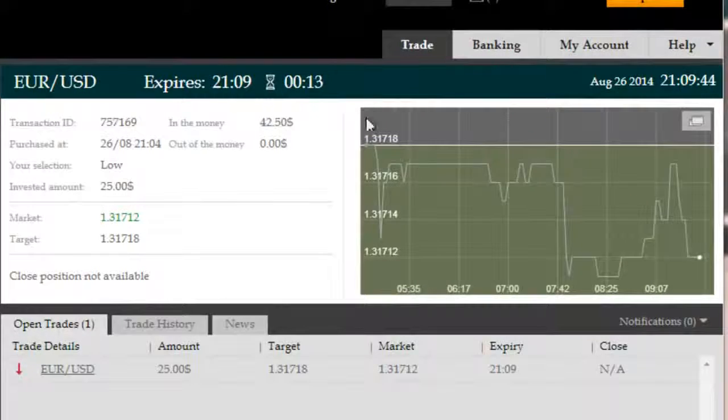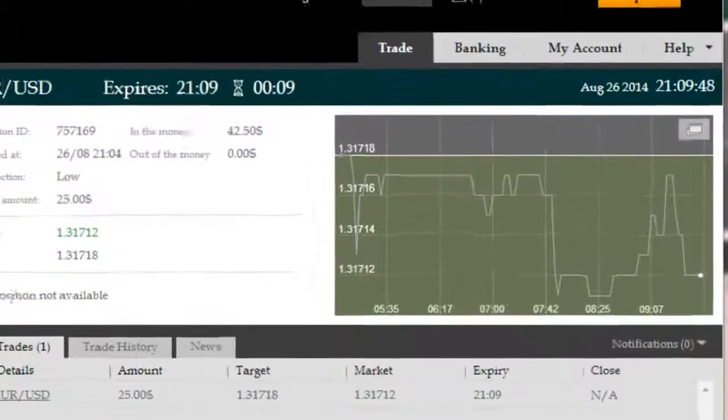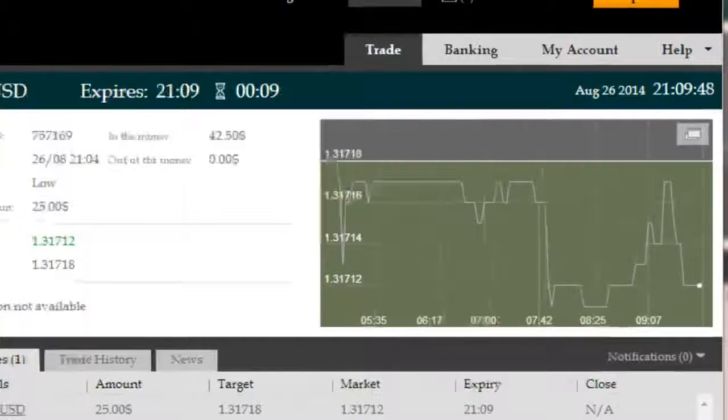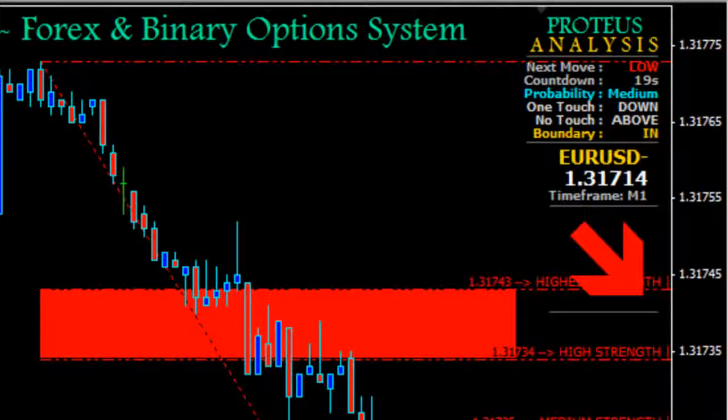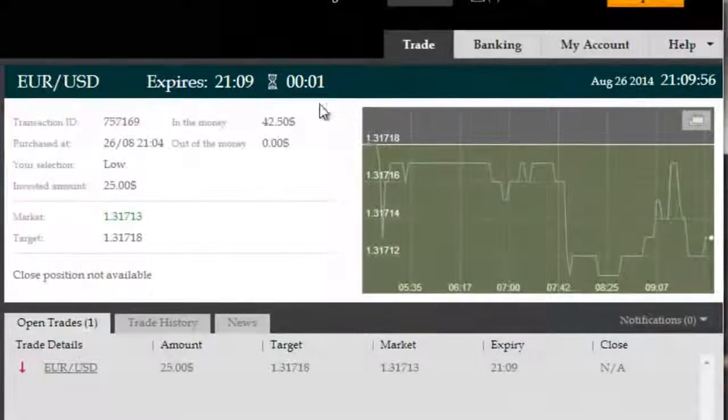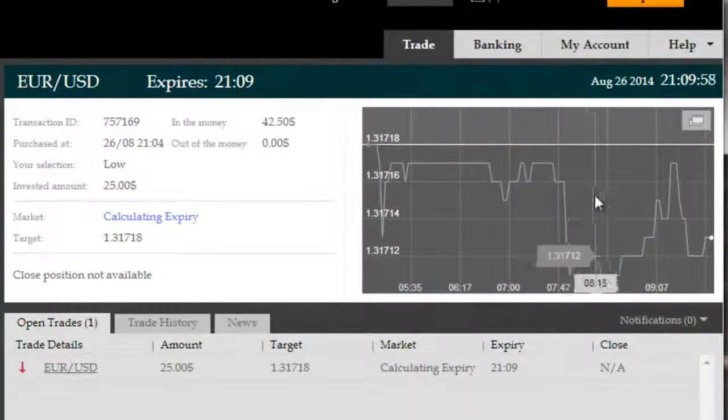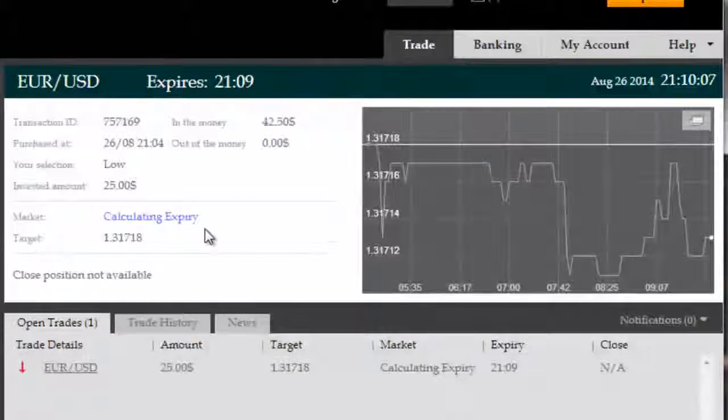All right, we're back with roughly 12 seconds remaining on this Euro USD 5-minute trade that was taken on the premise of ITM Proteus suggesting a medium probability with a future low trade on the Euro USD. The strategy being followed today is to use ITM Proteus signals of medium and high probability strengths only, and to take into account any fluctuations that may result in a trade becoming unfavorable.